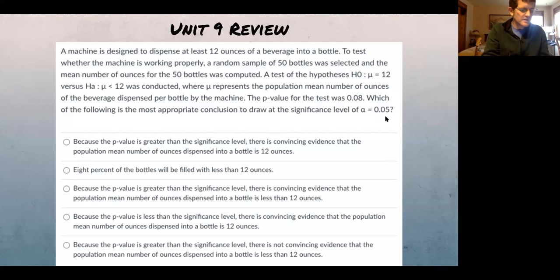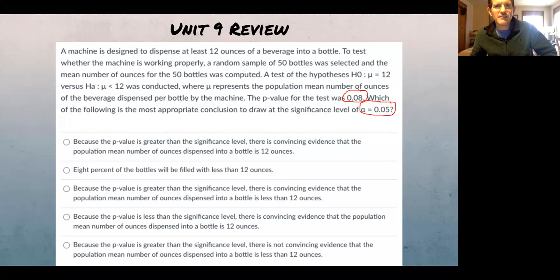So if our significance level is 0.05 and the p-value is 0.08, we fail to reject the null hypothesis. Without even looking at the answers, the template we would say is: because our p-value is higher than the significance level, we fail to reject the null hypothesis.